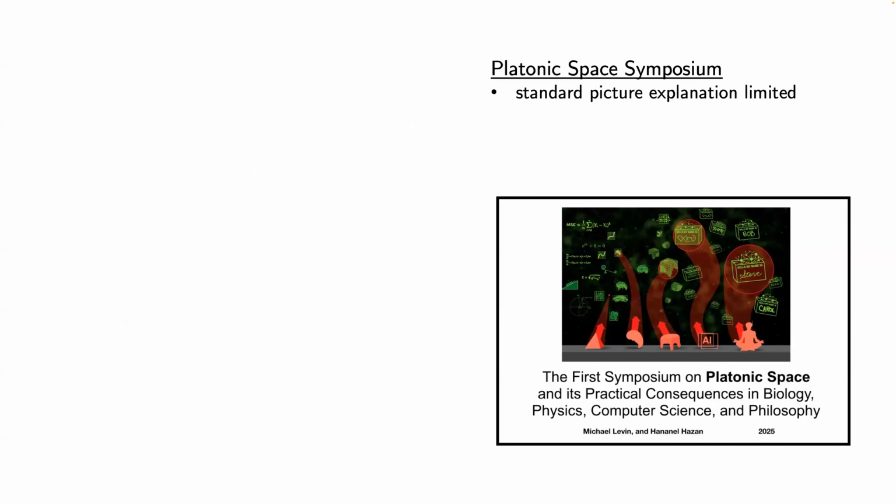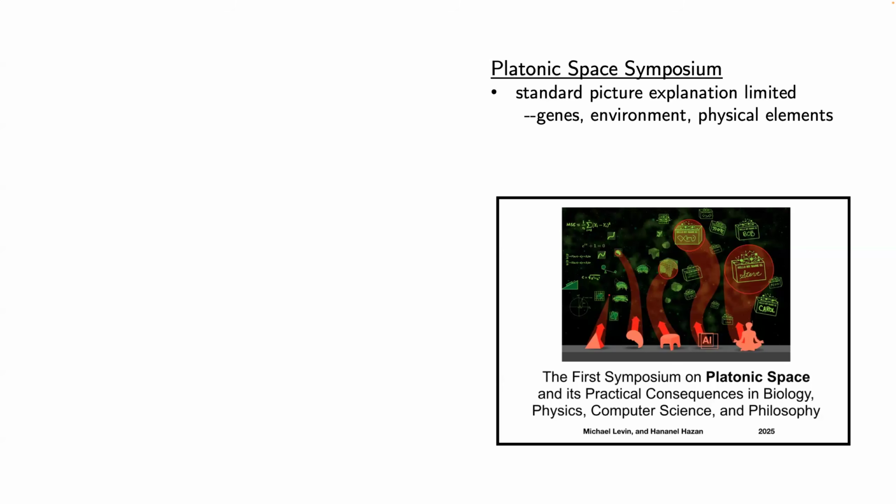One of the themes that has shown up is an interest in a kind of standard picture of explanation in biology that is somewhat limited in various ways. There's a standard picture that involves citing various physical elements of physical systems, things like genes, environment, other types of factors.